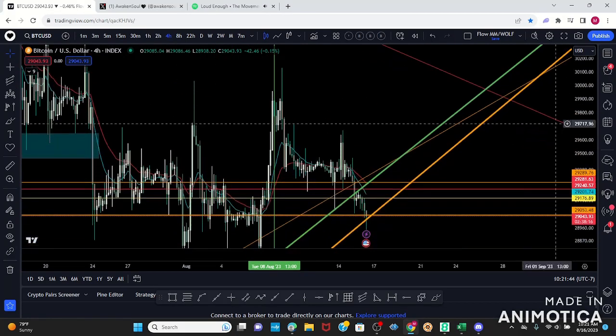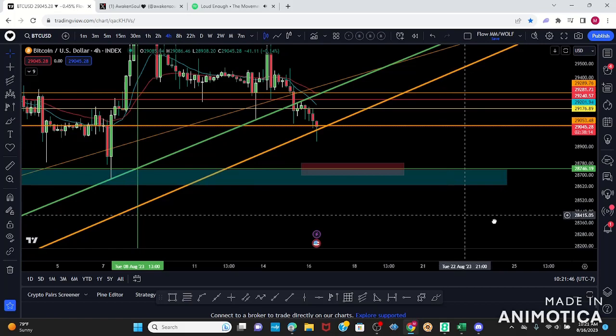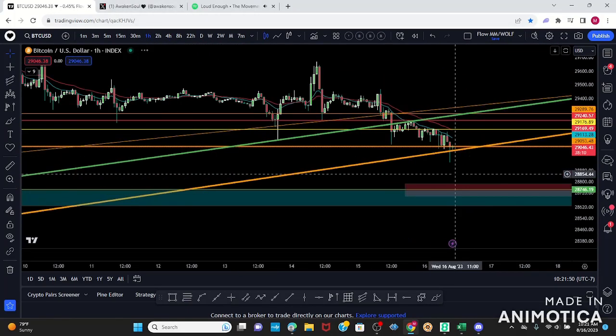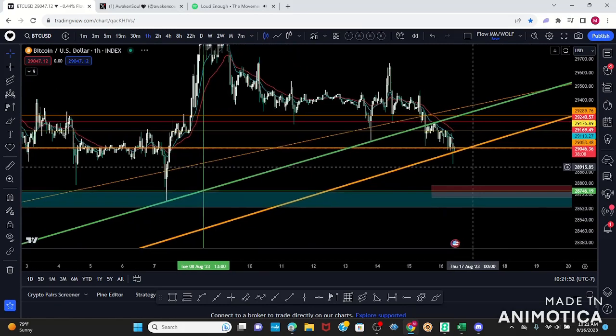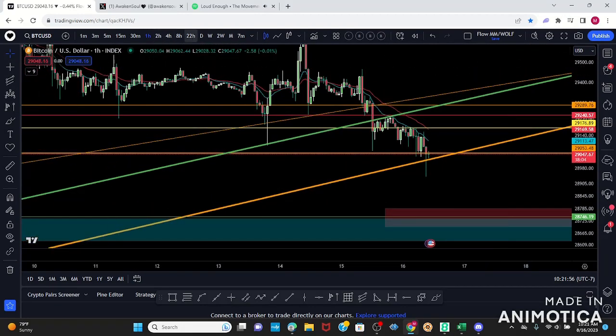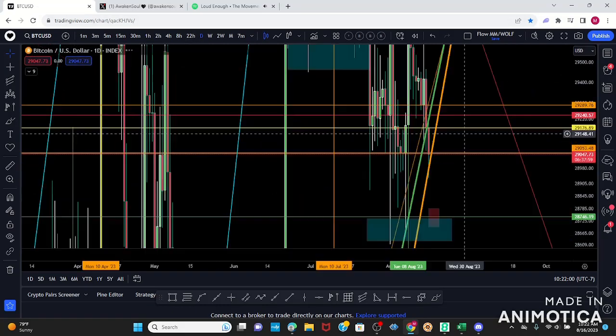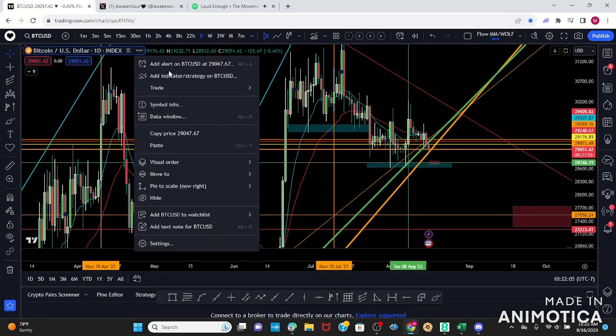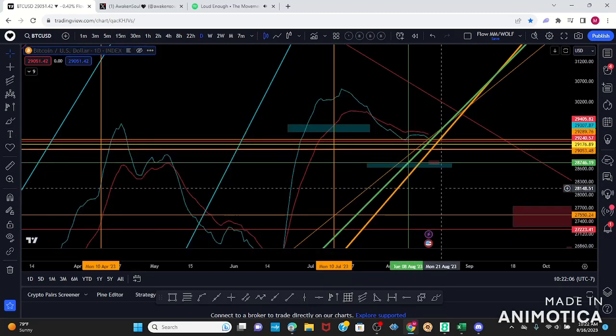Okay, so now that we're here, I'm gonna go into my daily. In my daily, it's pretty simple. Look at the trend. When I say look at the trend, look at the 12 and 26 EMAs. That's what I mean. So I'm gonna turn off the wicks so you could visualize them.